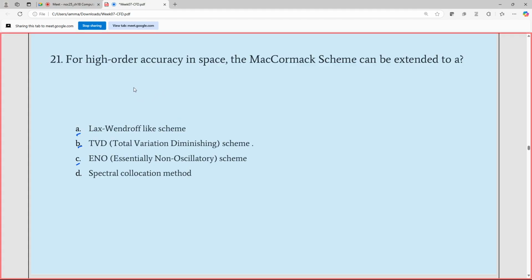So to obtain a higher order accuracy in space, the MacCormack scheme can be extended to which of the following?